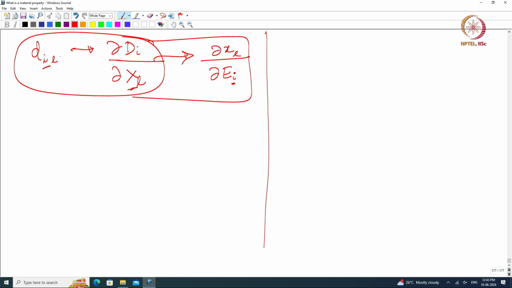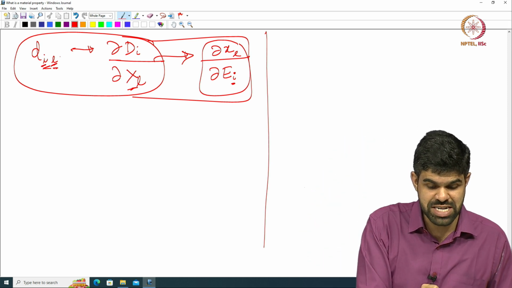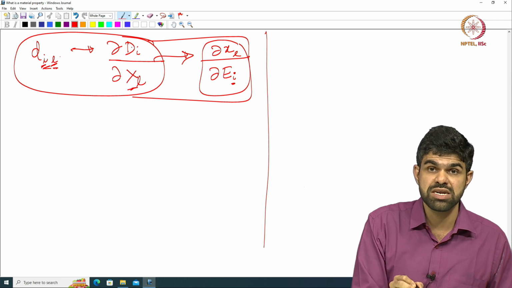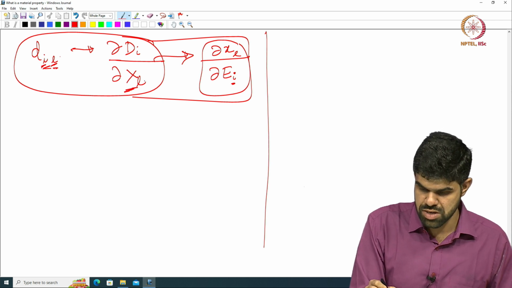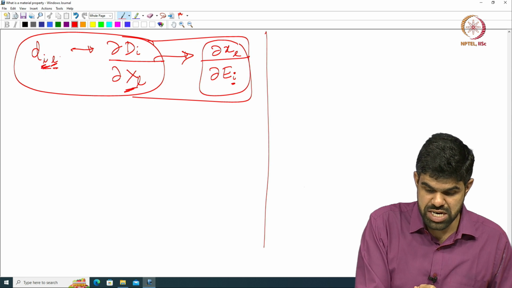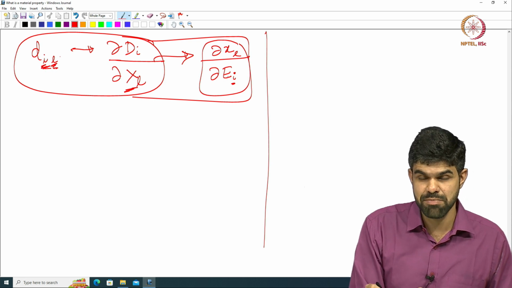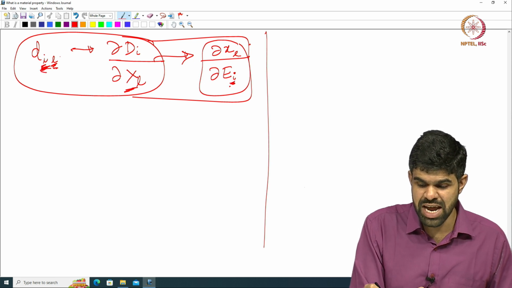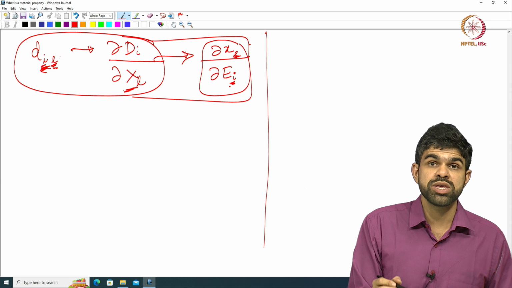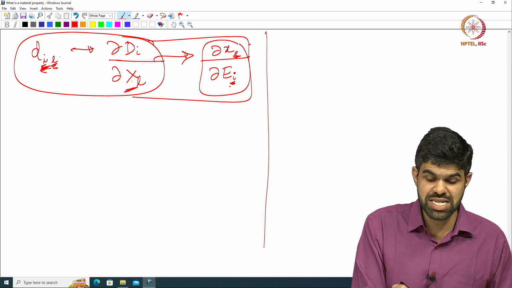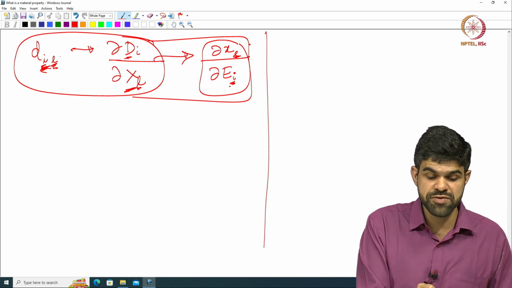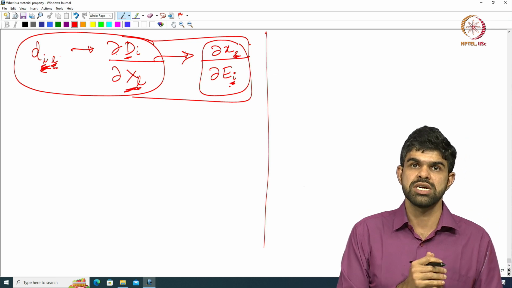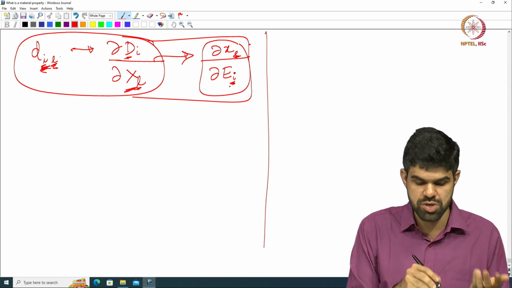So, with the iL notation one needs to keep in mind that if I am doing a strain by electric field, I apply electric field and I get strain, right, then i is for the electric field and L is for the strain. But if I am doing the opposite experiment, which is I am applying stress and measuring the displacement, then L goes for the stress and i is for the displacement, okay, or electric displacement or polarization.